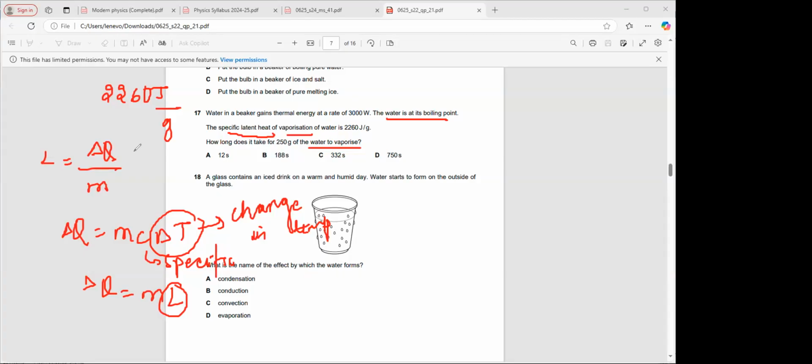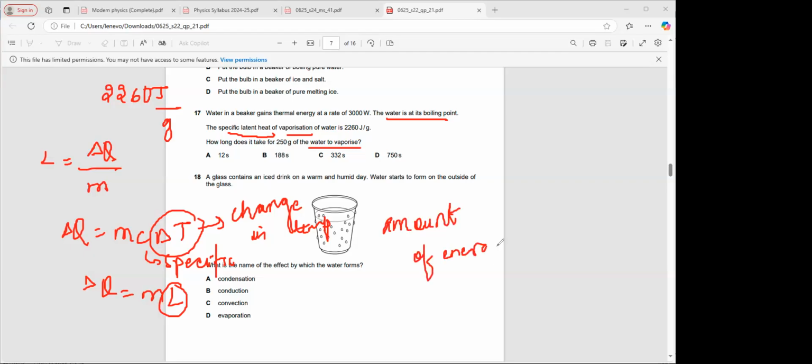So you have to first find out the amount of energy required to vaporize this much amount, right? You are taking water, and one thing remember, mass is given already. 250 grams is given. So first step will be you have to find out amount of energy.